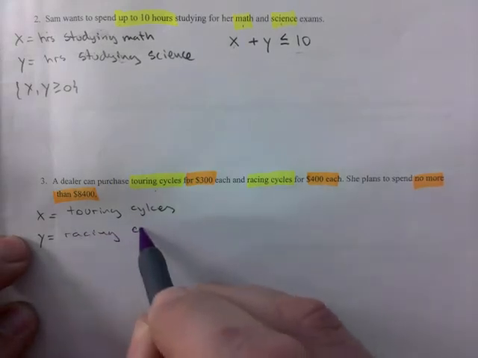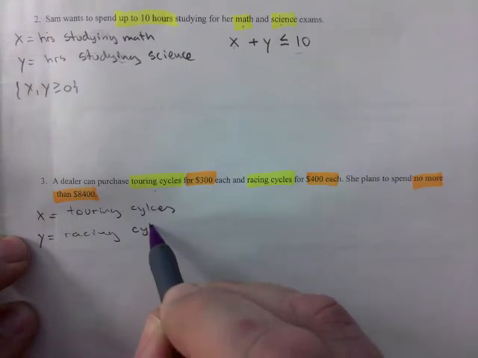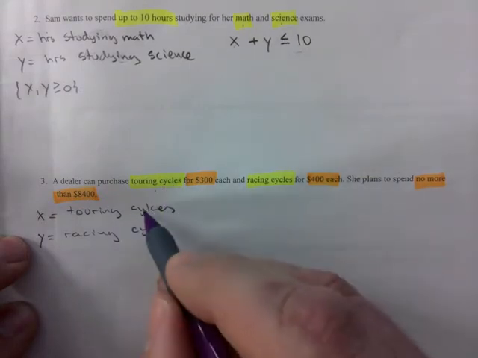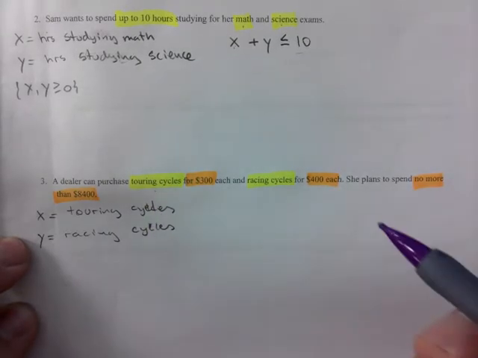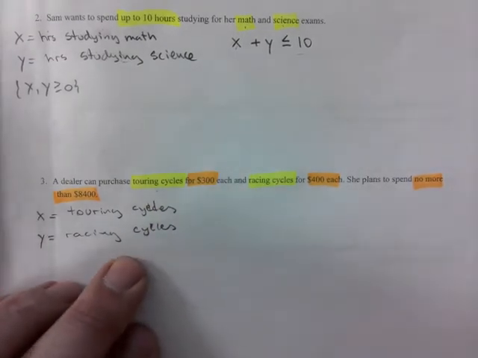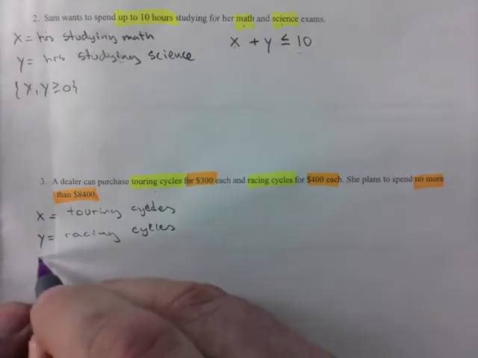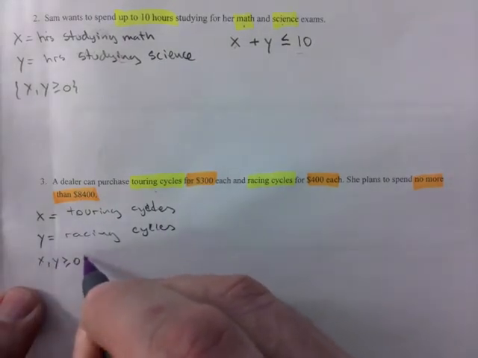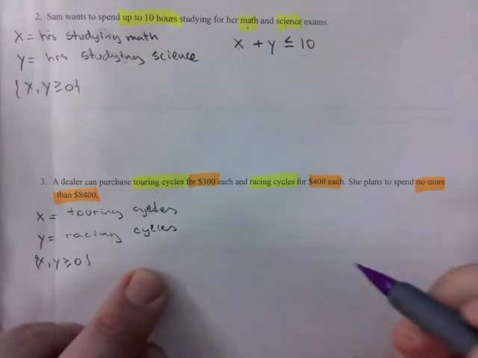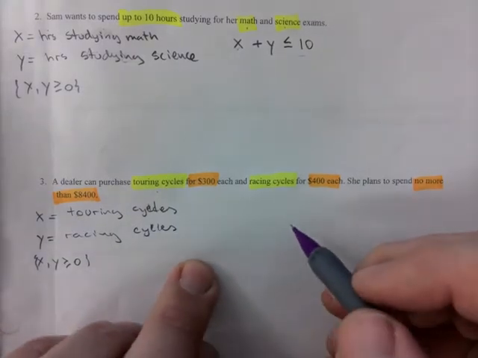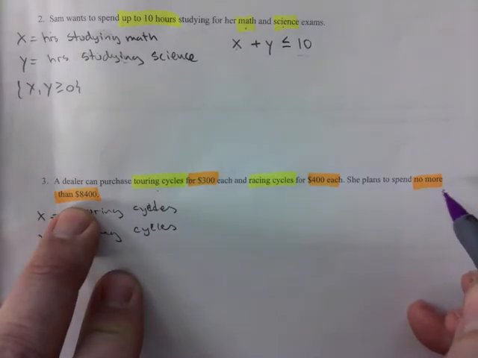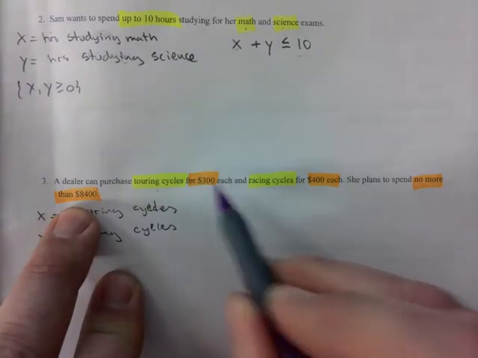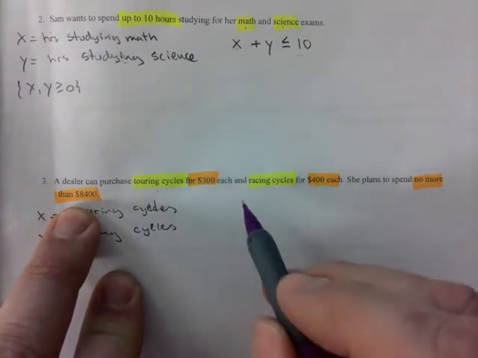So it's the little things that I want you to notice. Cycles. Okay. And then we're going to just state this. And let's come up with our inequality. The restriction has to do with money, so we have to use the money amounts that go with each variable.